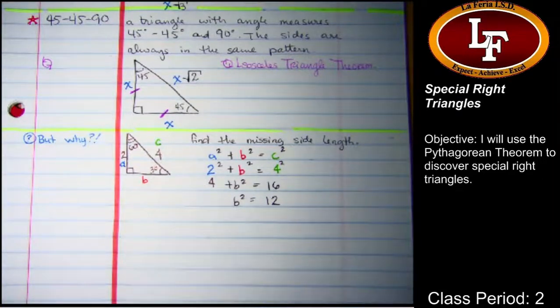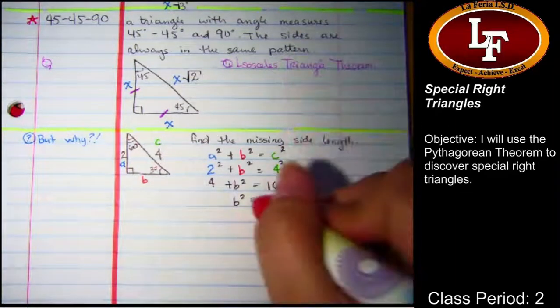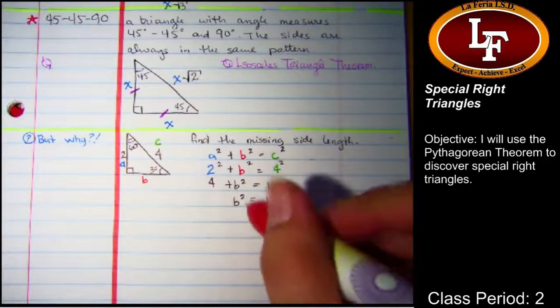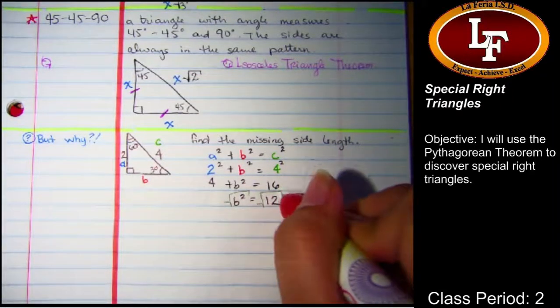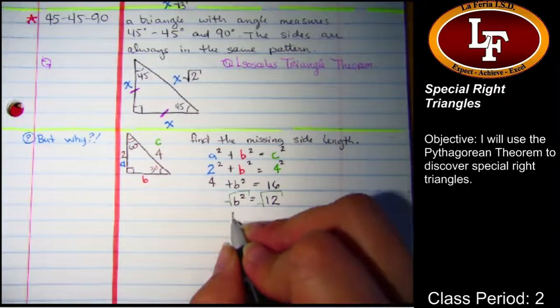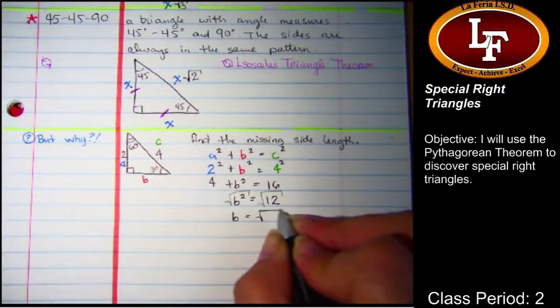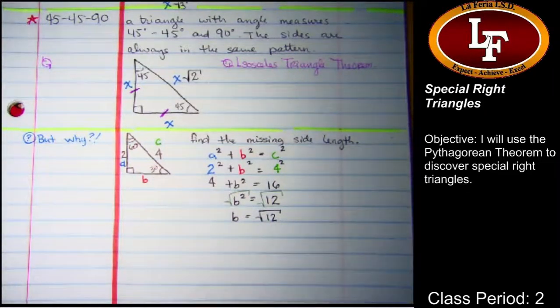And then we go, okay, well, I need to get rid of the square. So to get rid of squares, I take the square root. And I'm left with B equals the square root of 12. Don't use your calculators. Don't.